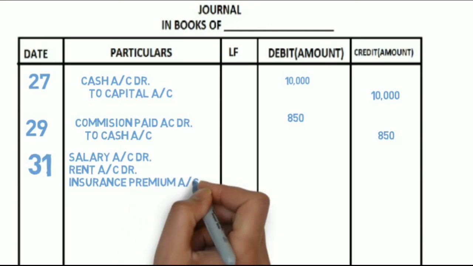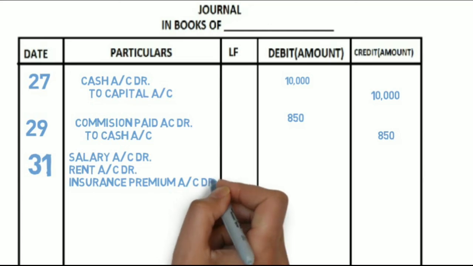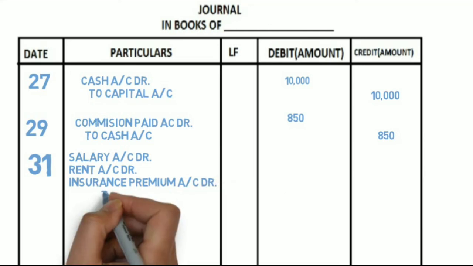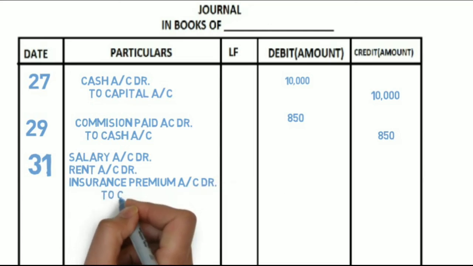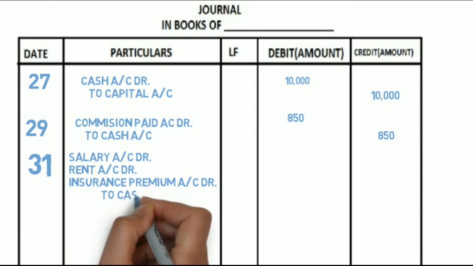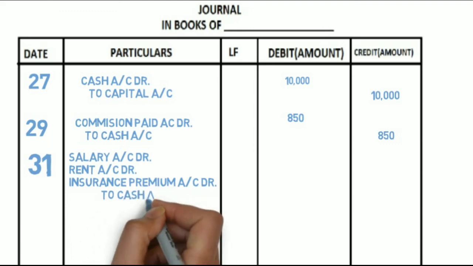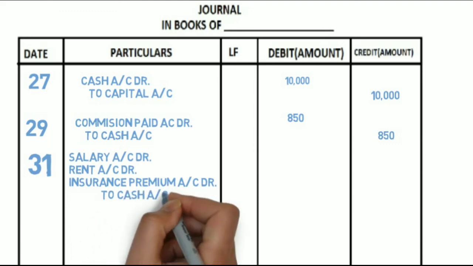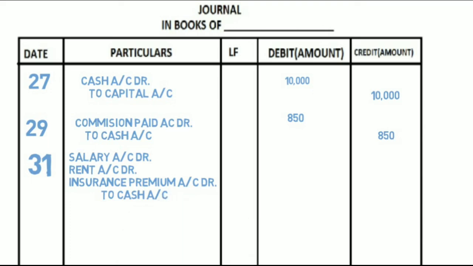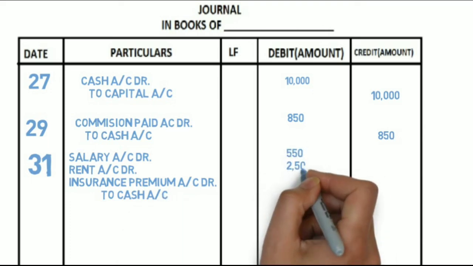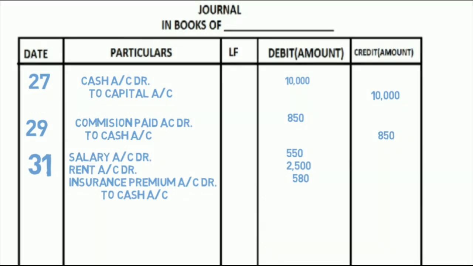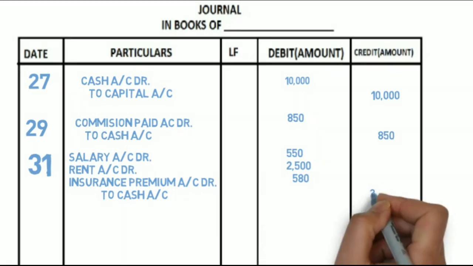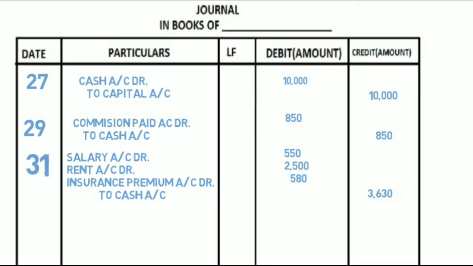So the journal entries will be salary to cash, rent to cash, insurance premium to cash. As a combined journal entry, we can write salary account debit, rent account debit, insurance account debit all together to cash account 3,630.